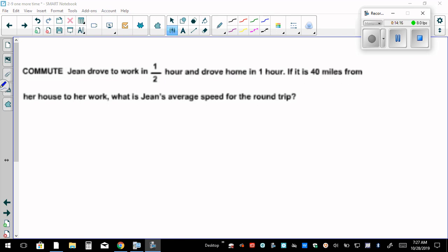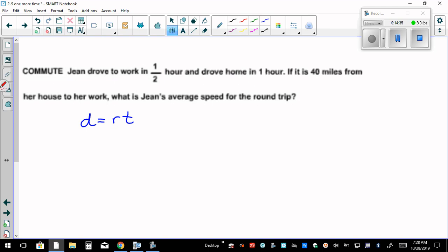So the formula that you need to know, and write this in your notes, is distance equals rate times time. So D is the distance, R is the rate, and T is the time it takes to get somewhere. So what is the average speed? Now, speed talks about rate. So in our last lesson, we solved for variables.